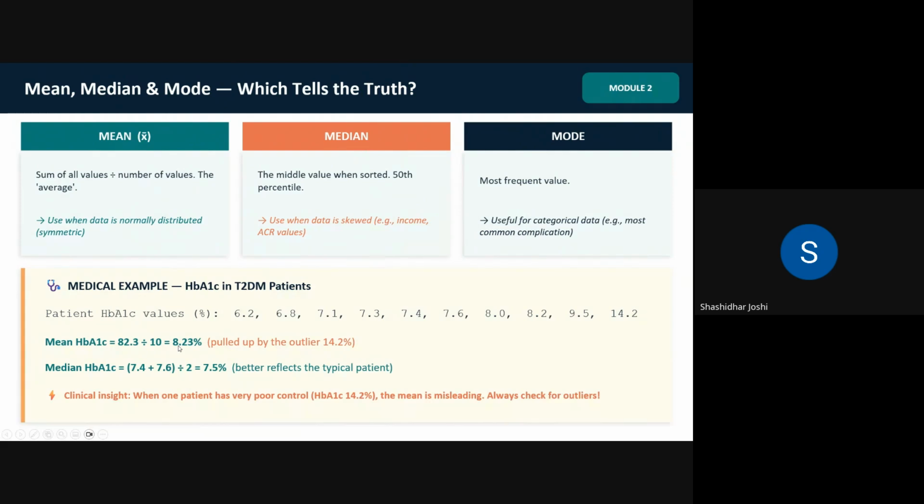Mean is 8.23. Now what is the deviation from standard? You need to subtract: 6.2 minus 8.23, 6.8 minus 8.23, 7.1 minus 8.23, 7.3 minus 8.23, 7.4 minus 8.23, 7.6 minus 8.23, 8.0 minus 8.23, 8.2 minus 8.23, 9.5 minus 8.23, and finally 14.2 minus 8.23. I'm spelling out each and every number separately so that you can understand how to see the standard deviation.